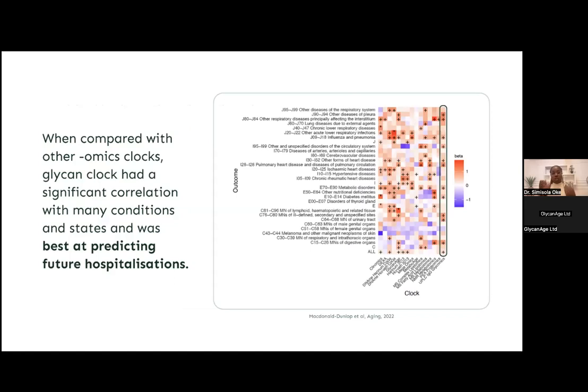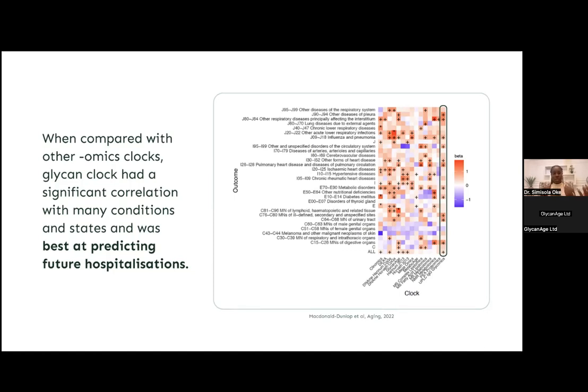Just to quickly mention this study, which I think is a really, really useful study. This was an independent study done by Edinburgh University, and they looked at a number of different clocks. They looked at glycomics, they looked at epigenetics, they looked at even DEXA scanning and various different clinical clocks. Basically, they were looking at how good these clocks are at predicting future hospitalization.